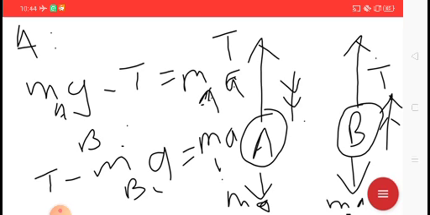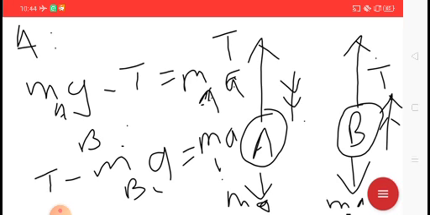So you can form two net force equations, then solve them simultaneously to get the answers for T and a. It's similar to the previous part: separate them into two sides, then you can analyze.